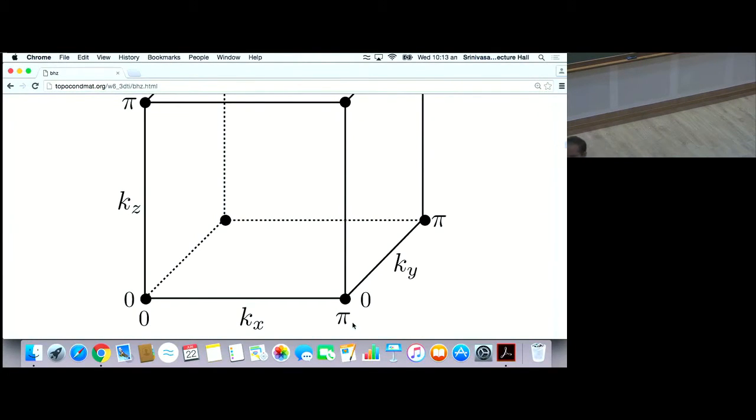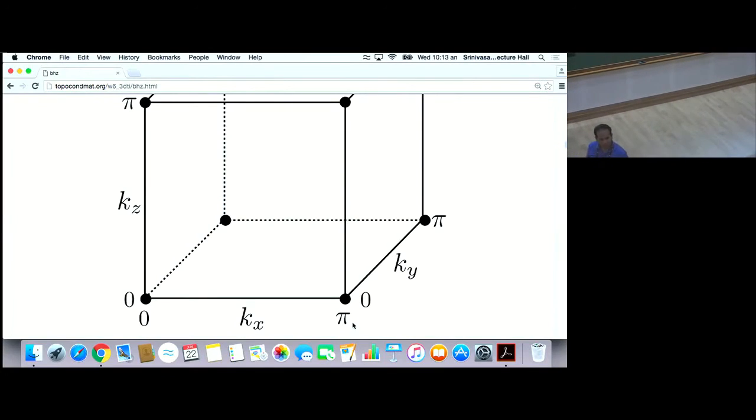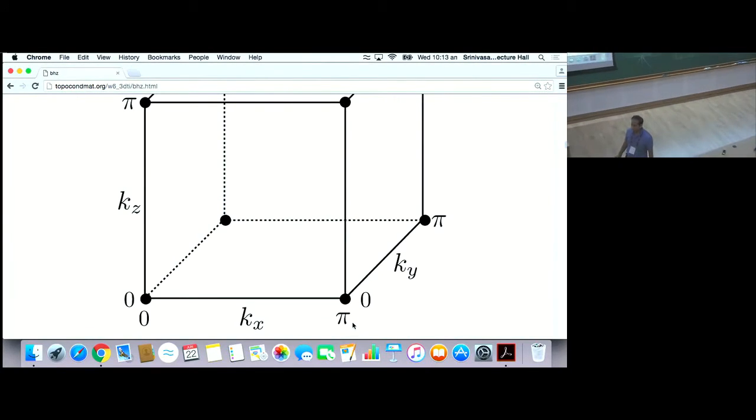Anyone? So it's the kz-kx plane. The system still has the same symmetries as the quantum spin Hall system. So it has time reversal, which is what we needed.